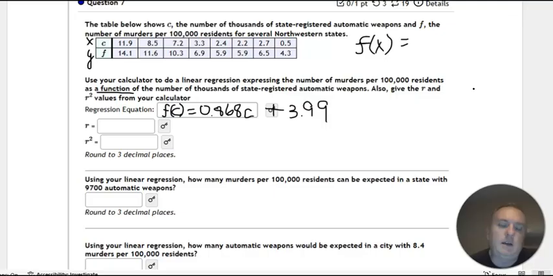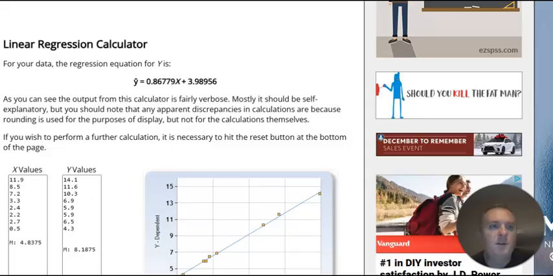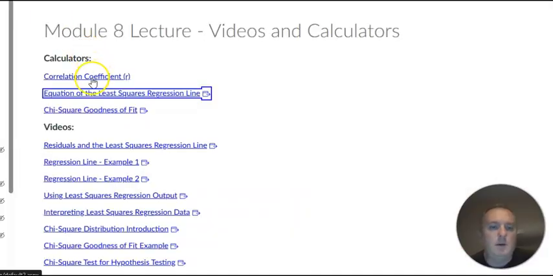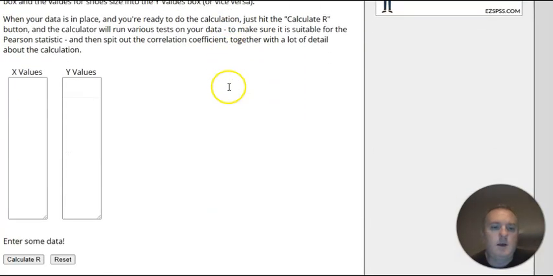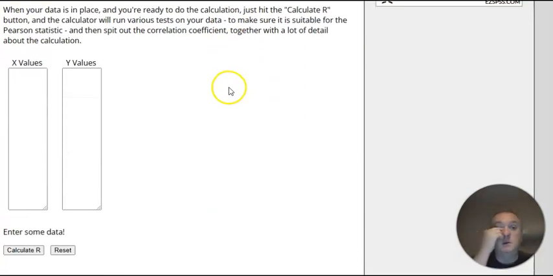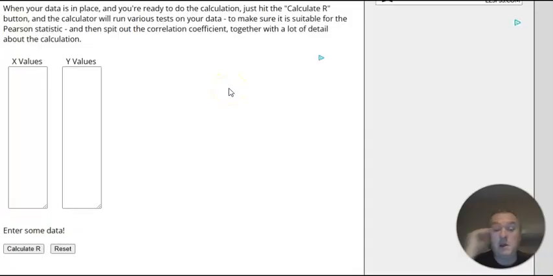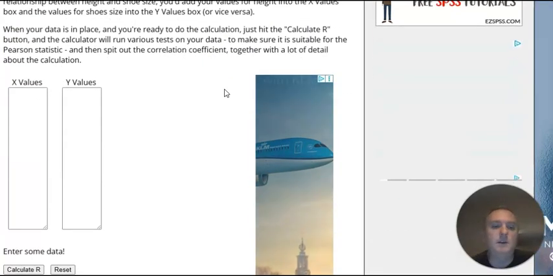All right, so we also need r and r squared here, so we're going to have to use the other calculator for that. I'm going to go back to my lecture notes, and we want the correlation coefficient, or R. Same thing, we're going to copy the x values and y values in here.